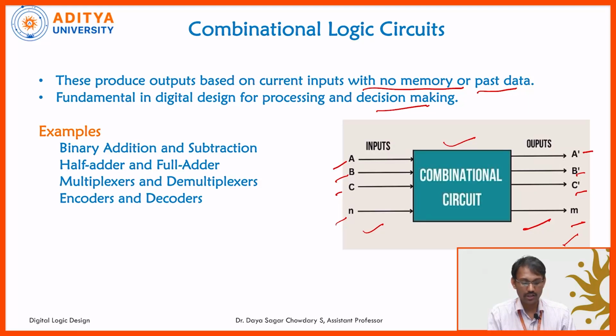Coming to the examples, binary addition and subtraction are for calculation or processing, and half adder and full adder we will also discuss in this lecture. Multiplexer and demultiplexer are for decision making, and encoders and decoders are for processing data. Mostly we use these combinational circuits in the CPU, between RAM and ROM.